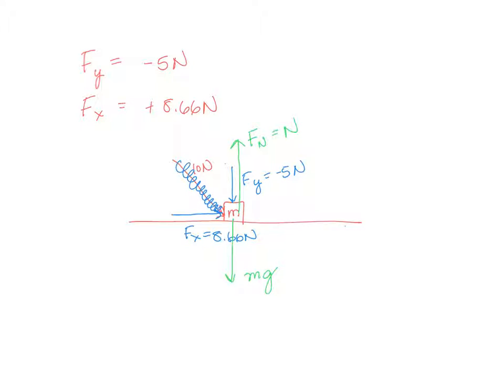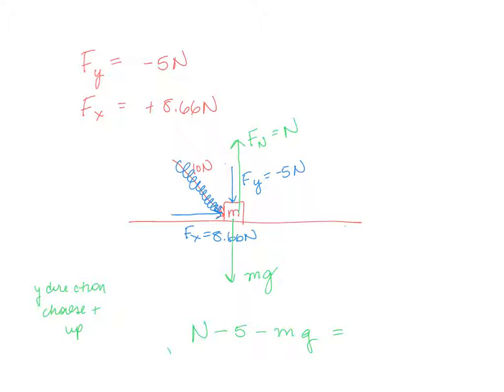Now we look in both directions. First let's look in the y direction. We're going to choose positive upward. In that case, we have N, which is positive, minus 5 newtons, which is negative, minus mg.